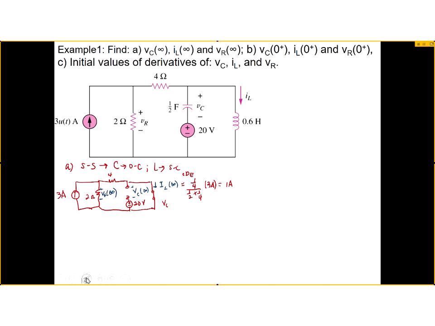Based on that, what is my VC at infinity? Oops, let's change the color now. Can anyone tell me what VC at infinity is going to be? Voltage across the inductor is 0.